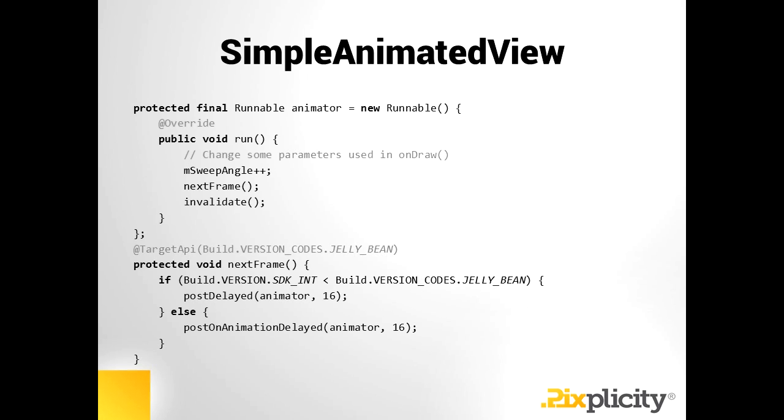I personally believe that more people should probably be focusing on that last line because the vsync, or actually the choreographer in Jelly Bean, allows you as a developer to run things in sync with your device. So you'll get that nice fluid animation at 60 frames a second.